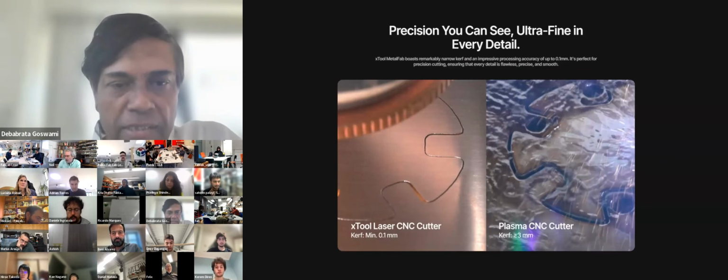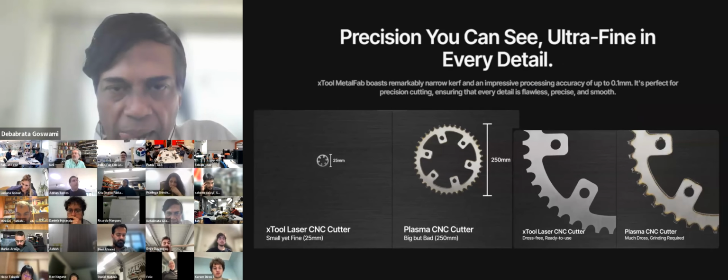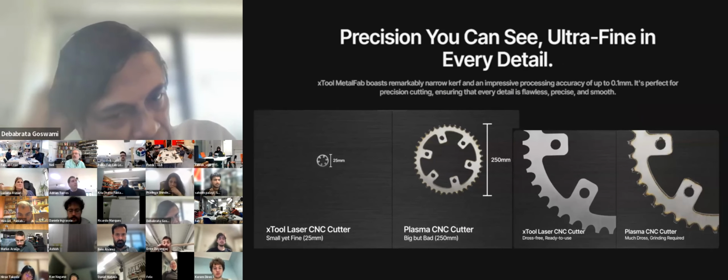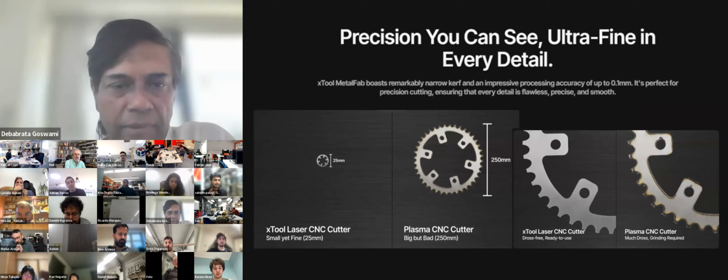The burn marks are almost not present, and the curves are much smoother by using the laser cutter. Next slide. And even when you make small tools, here is an example of a 25 mm small tool versus a plasma cut 250 mm tool. Even though there is a size difference of 10, the Xtools CNC cutter item has a much better, finer cut compared to the ones with the plasma CNC cutter.